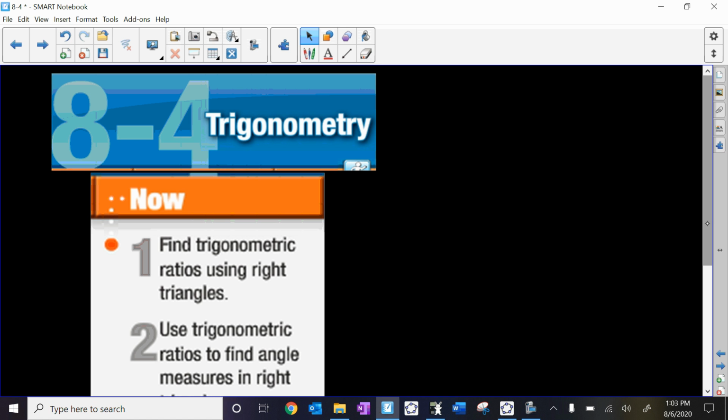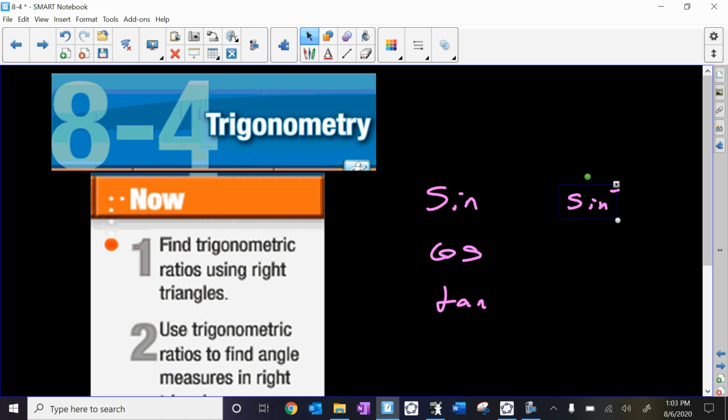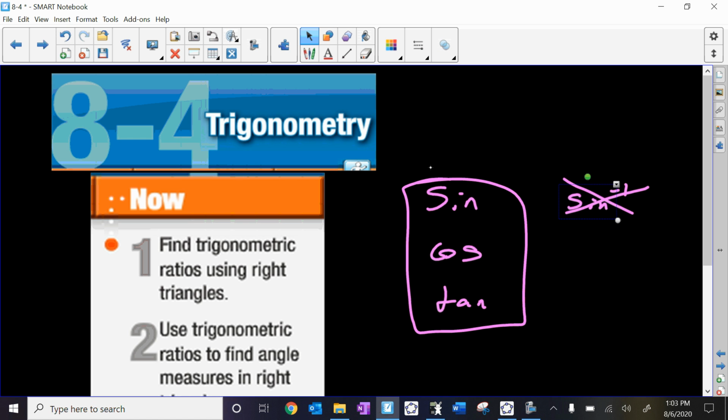And on your calculators, you should see buttons that look like this: sine, cosine, and tangent. We will use the inverse buttons eventually, but for right now, you don't need to worry about those. I'm just focused on these three: sine, cosine, and tangent.